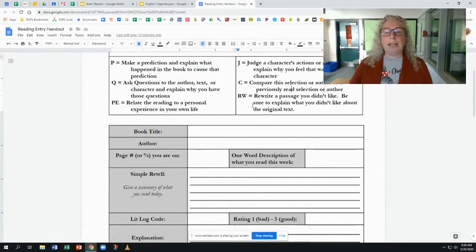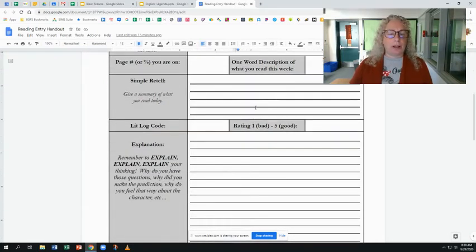RW means rewrite a passage you didn't like. So if you didn't like the ending, or you didn't like something that happens in the middle of the book, or you don't like the way the book starts, you can rewrite that part of the book. But again, you need to explain why you didn't like the original and how yours is better. Okay? So you're going to choose one of those lit log codes, and that's going to go here.